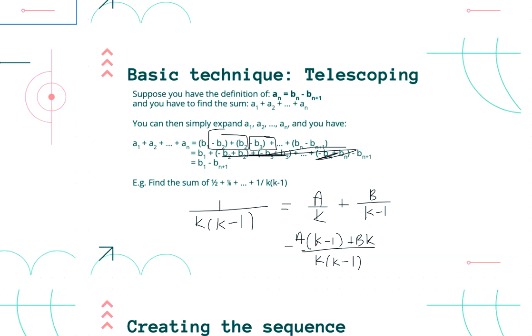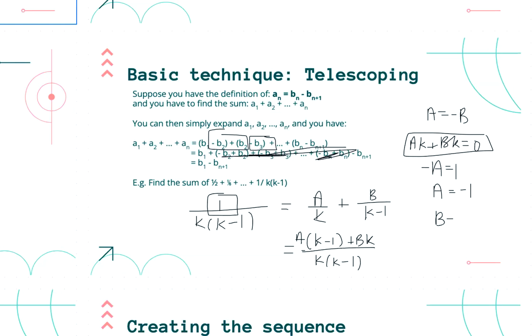And then by expanding, we know that ak plus bk equals 0, because here there are no k terms. And then we know that negative a equals 1, because on the left-hand side you have 1. So now we know that a equals negative 1. And because ak plus bk equals 0, we know that a equals negative b. So then b equals 1.